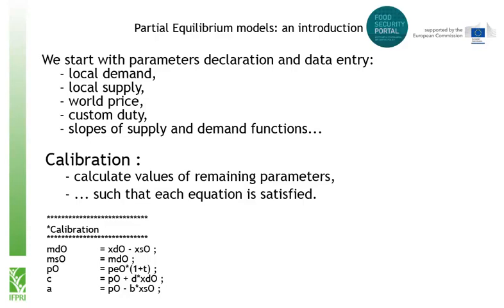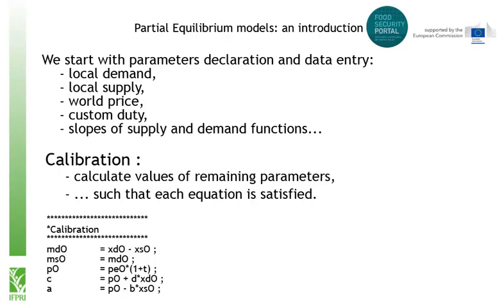Given what you have typed before, MD0 is equal to XD0 minus XS0. It is simply because before you have given a value to XD0, local demand, and XS0, local supply. So if you take the difference, you will have the initial demand for imports, MD0.